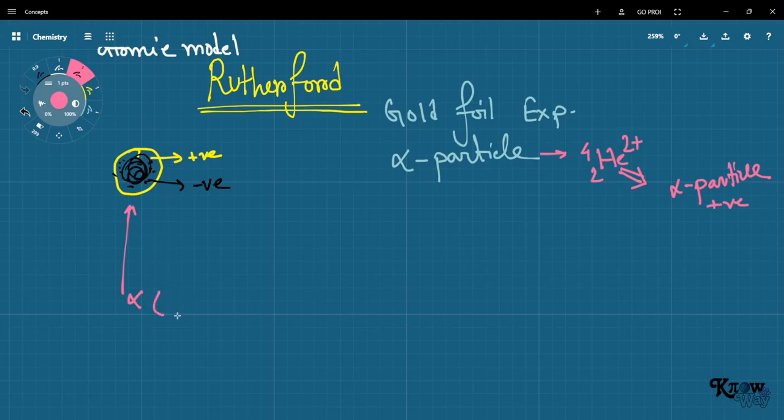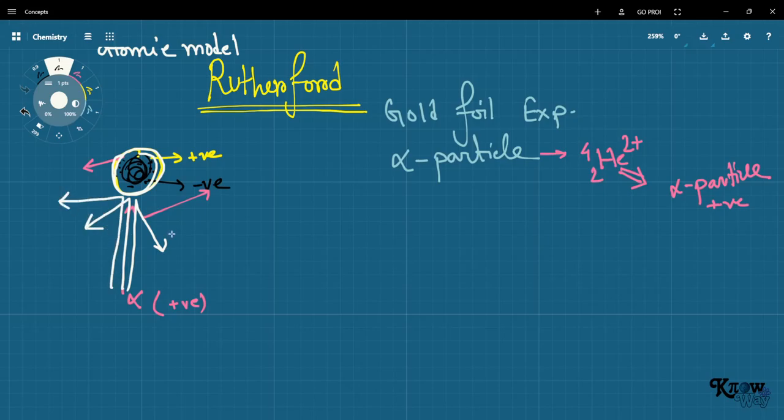The alpha particle is positively charged, so it would get attracted to negative charge and repulsed by positive charge. If Thomson's model is accurate and the outer part is positive, the particles will go in and come back, repulsed.